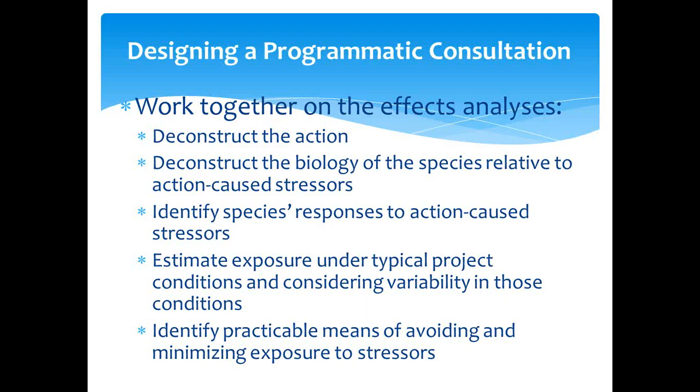About a year ago, we completed the informal component of that consultation, and in that year, 800 projects have already used that informal process, which defines the class of projects that are not likely to adversely affect if you meet these criteria.